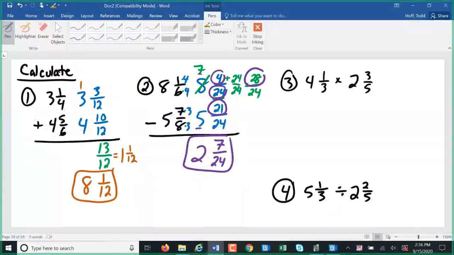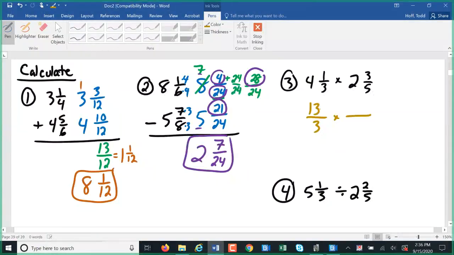It does, however, remember we looked at that process of multiplying mixed numbers is kind of difficult, so we're going to turn these into improper fractions. 4 1/3, what does that become as an improper fraction? 13 over 3. Good. 2 3/5, what does that become? 13 over 5. Good.